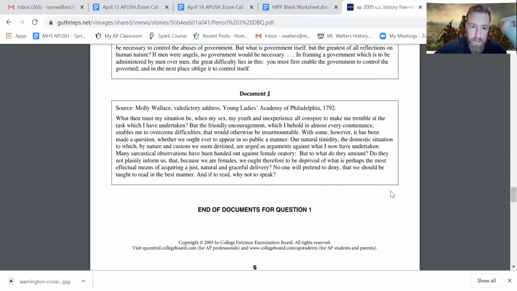Many sarcastical observations have been handed out against female oratory. But to what do they amount? Do they not plainly inform us that because we are females, we ought therefore to be deprived of what is the most effectual means of acquiring a just, natural, graceful delivery? No one will pretend to deny that we should be taught to read in the best manner. And if to read, why not speak?